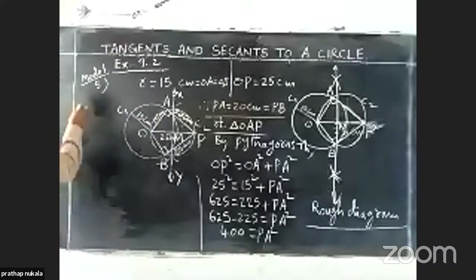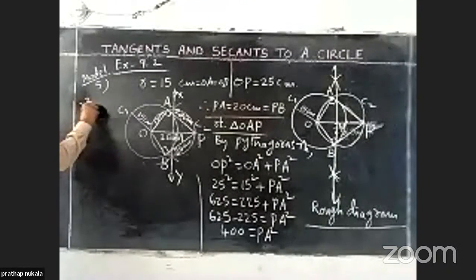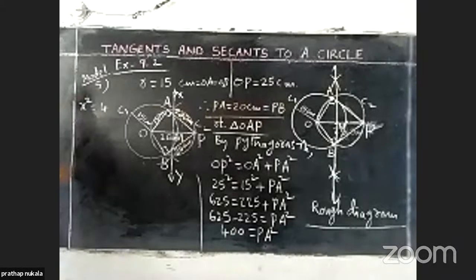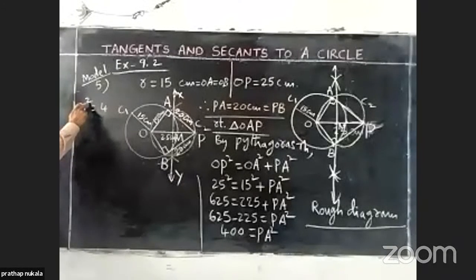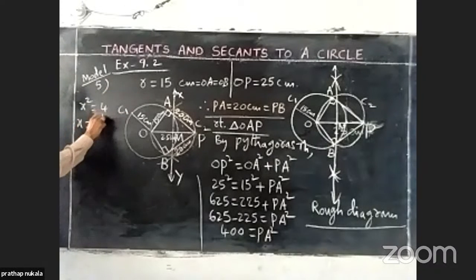For example, if we have x square equal to 4, and we transpose the 2, we have to write the reciprocal of the power. If the power is transposed to the other side, x equals 4 power 1 by 2.